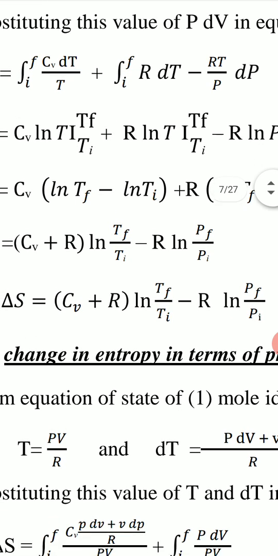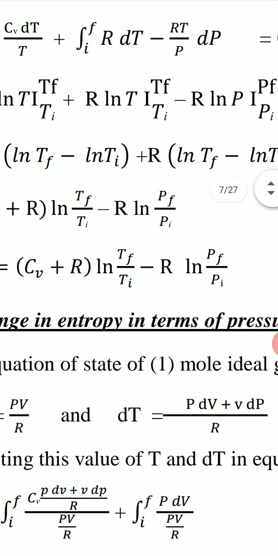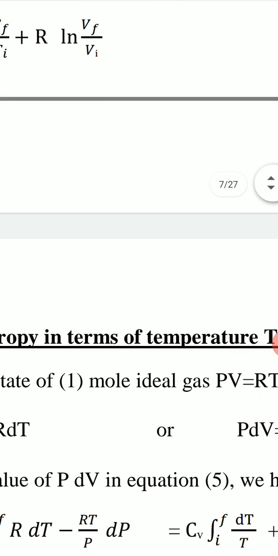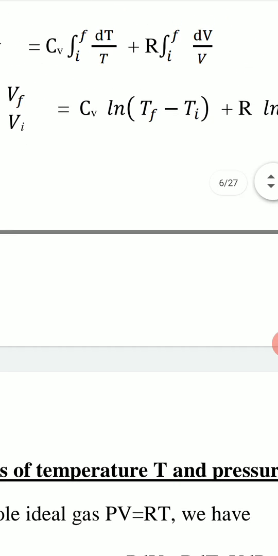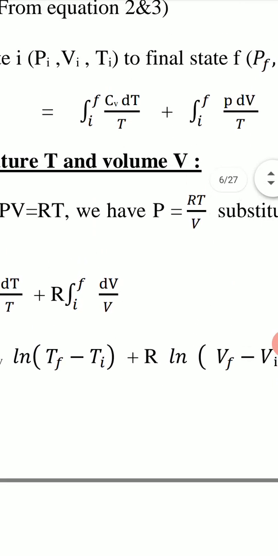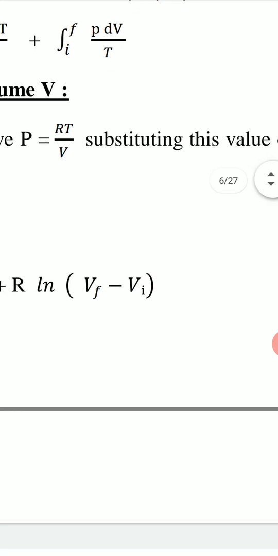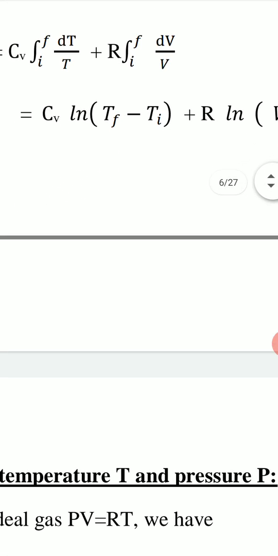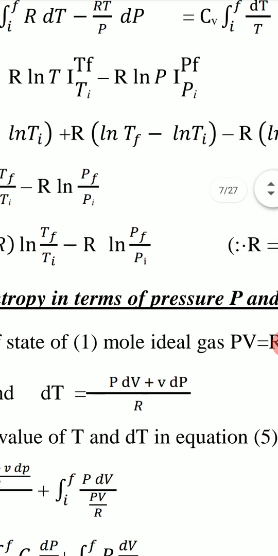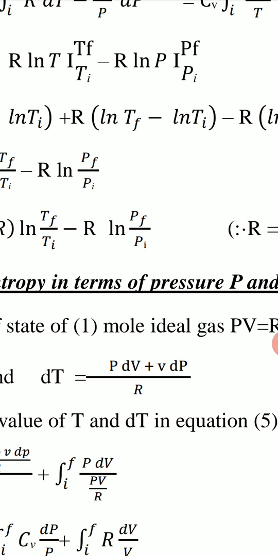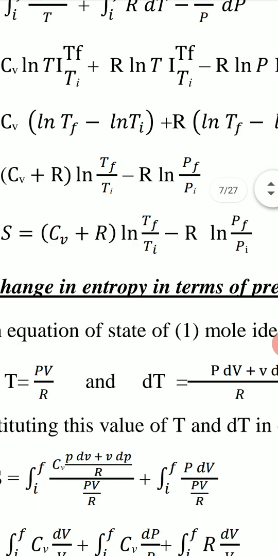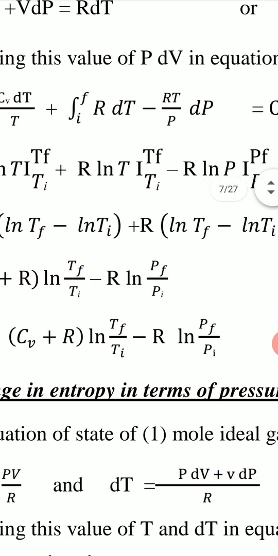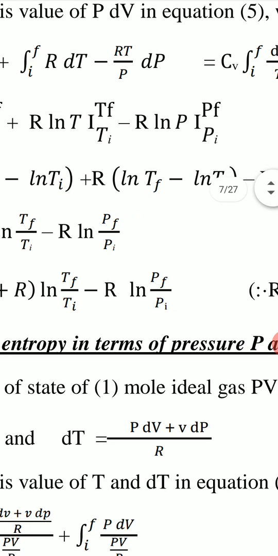In this second integral, we have to divide by capital T because it is integral P dV upon capital T, and in this integral, this is the value of P dV.